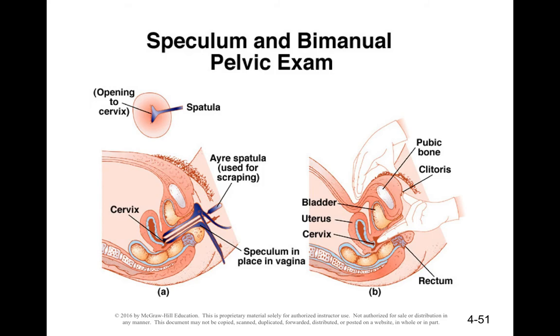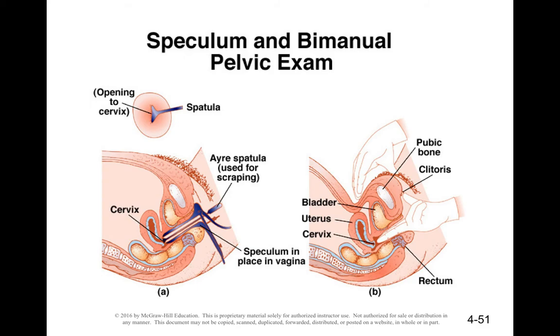So they insert the speculum and they open it up so that an iris spatula can be inserted into the vaginal canal, and then they scrape the opening of the cervix with this spatula, and they get cells off of the cervical entrance.